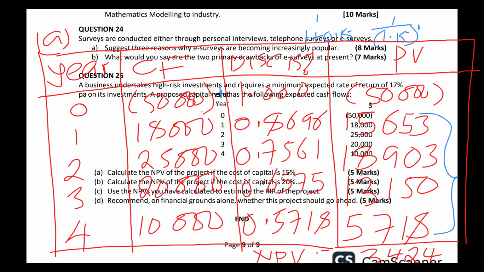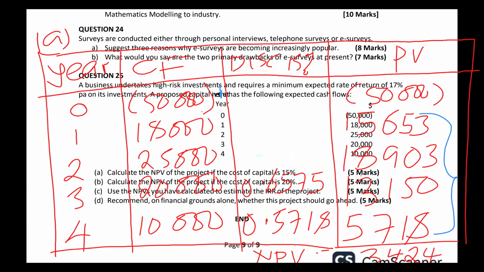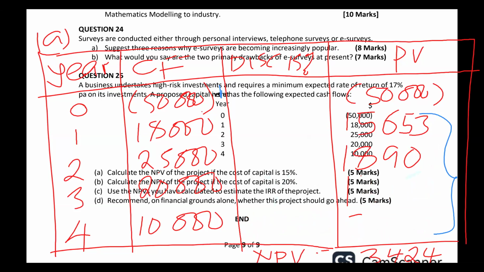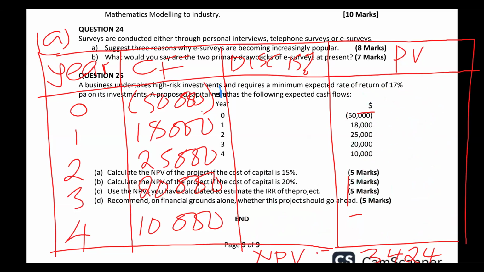Okay. If you have understood part A, then part B will be the easiest. B is saying now we want to do the same, but we use 20% as the cost of capital. So we just change the discounting rate and the present values will change. These are the only things that will change.